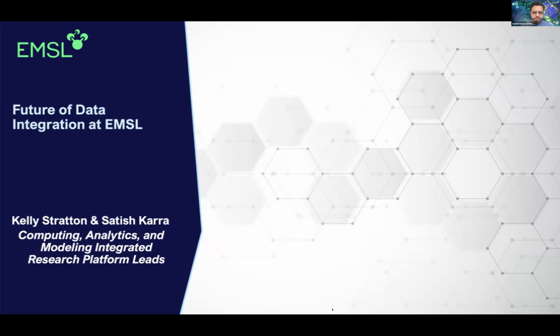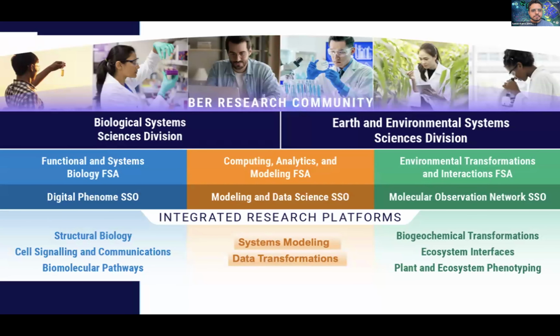Thanks. So to start off, we just wanted to give an overview of BER research, as I'm sure you're all aware, and how Satish and I and our roles fit into that, and what that can bring for EMSL users.